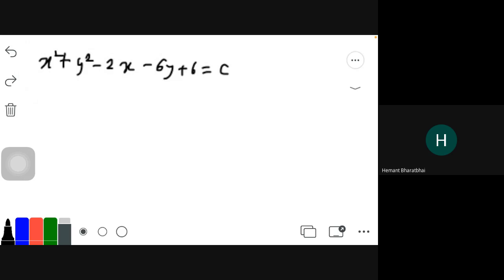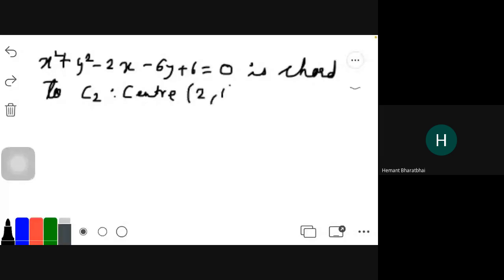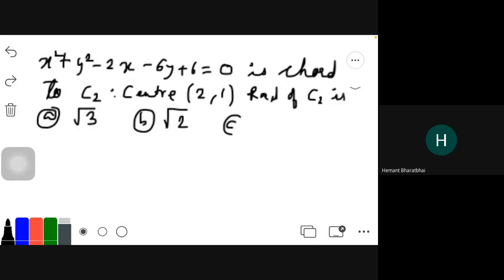If one of the diameters of this given circle is a chord to another circle, there is another circle whose center is at 2 comma 1, then the radius of the circle is. So options are root 3, root 2, 3 and 2.